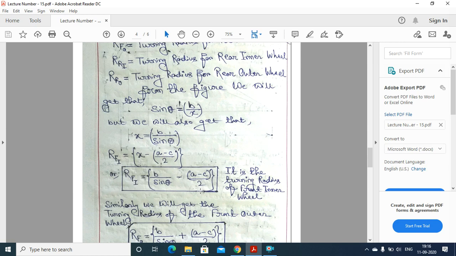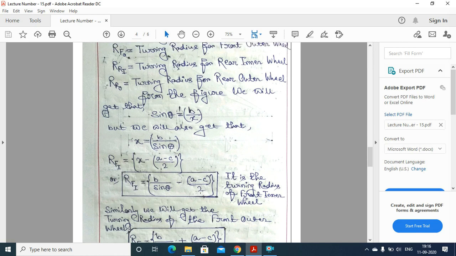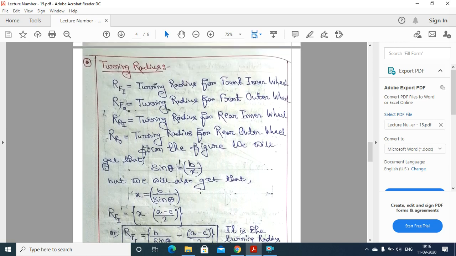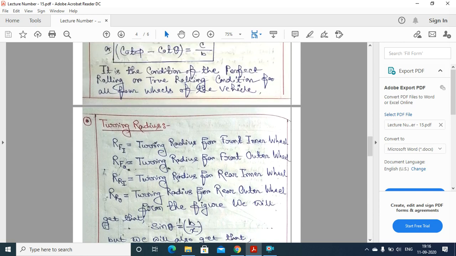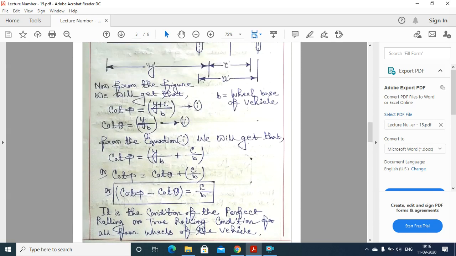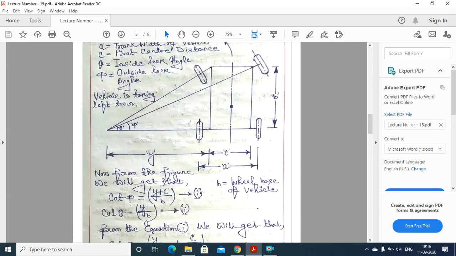Now, similarly, we have to calculate the value of RFO, the turning radius for the front outer wheel.